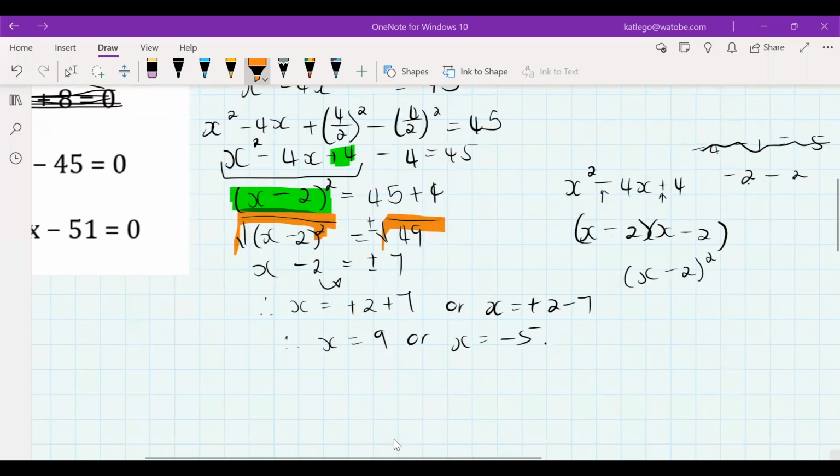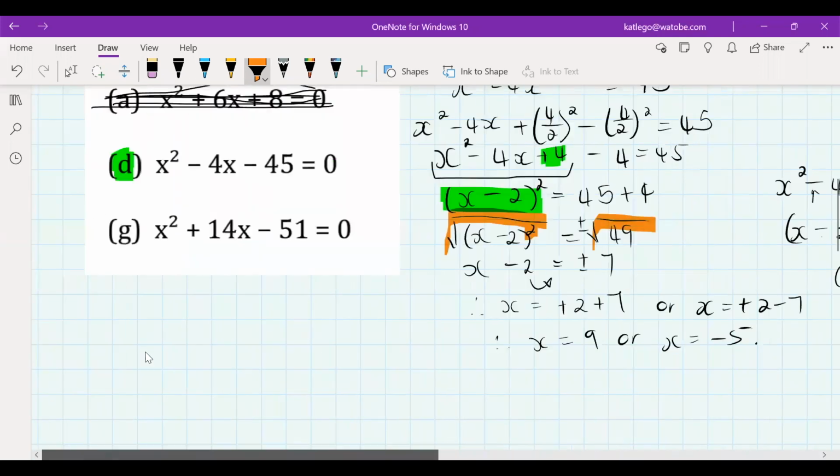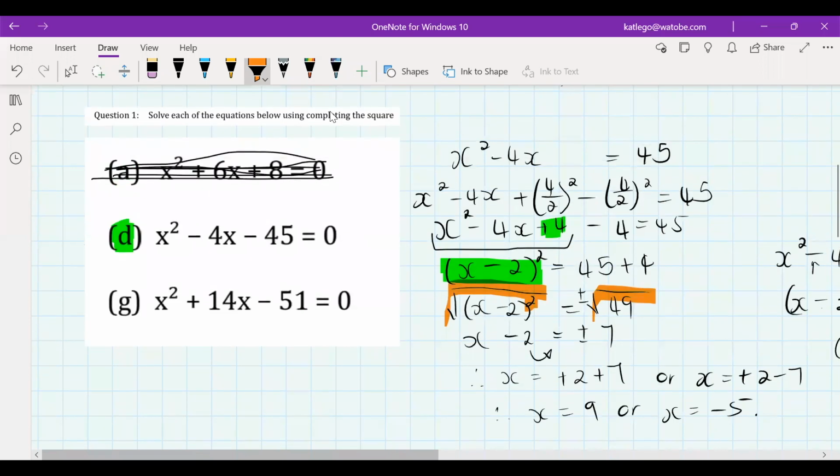I use this method. First step, we look at the coefficient of x. Did you just factorize, like using two brackets? No. First step, we look at the coefficient of x, which is -4. Then we add half of the coefficient squared.